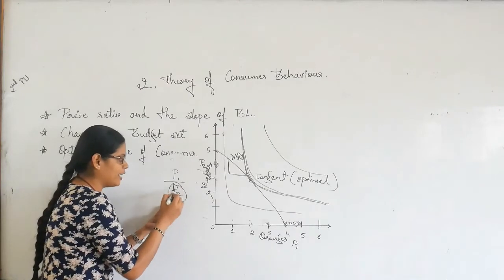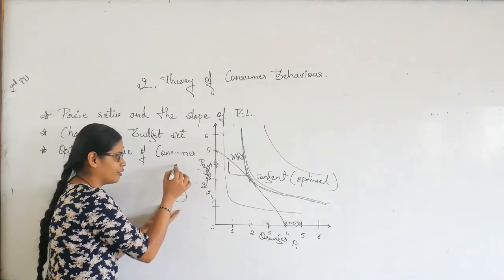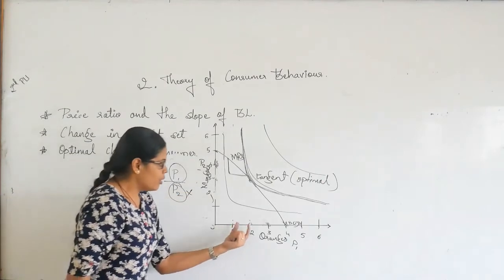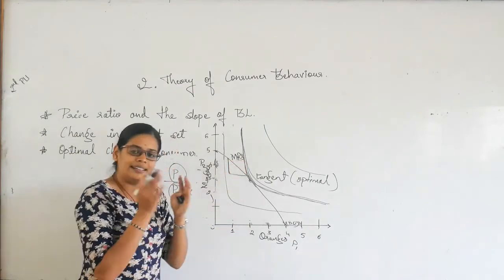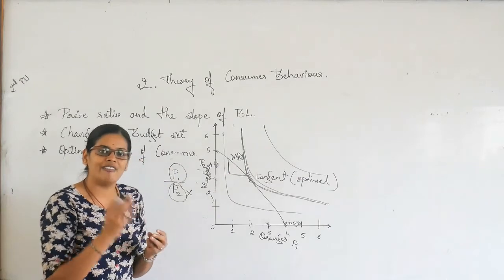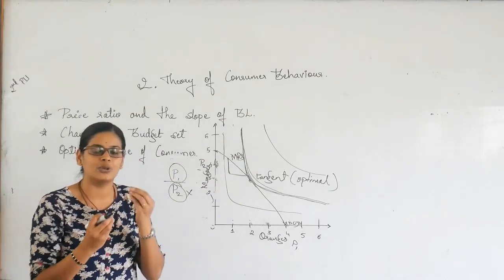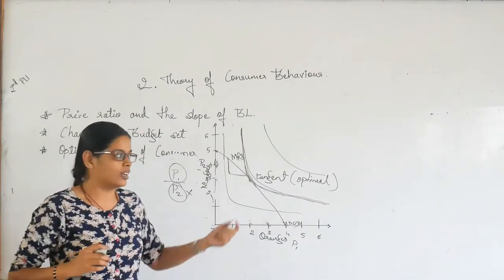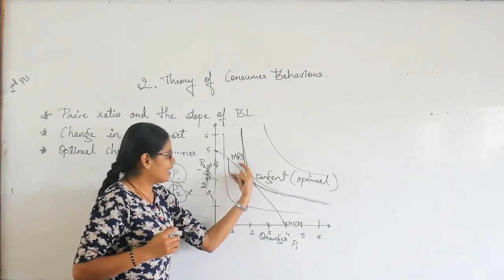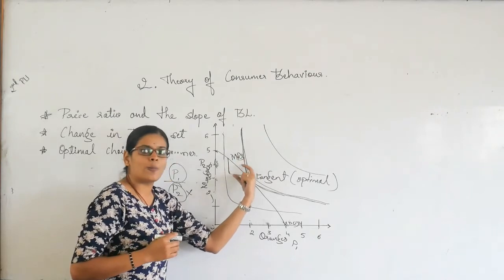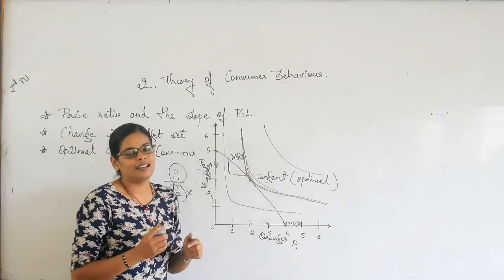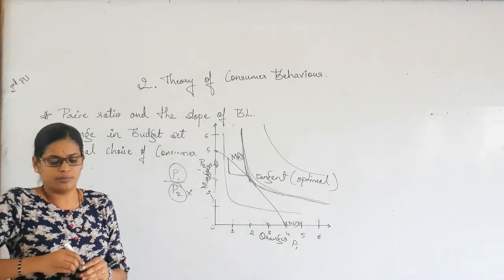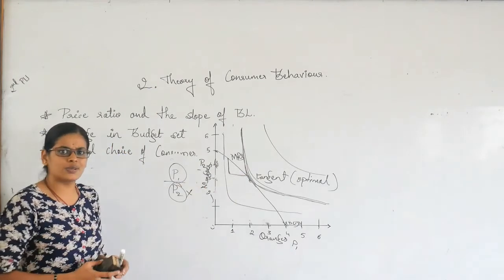To gain this P1 we are sacrificing this P2, right? So even in this MRS, it tells us how many units of one good we are sacrificing to get the other. That's the reason there is an equality between the slope of the budget line and the marginal rate of substitution. I hope this is also clear for you.